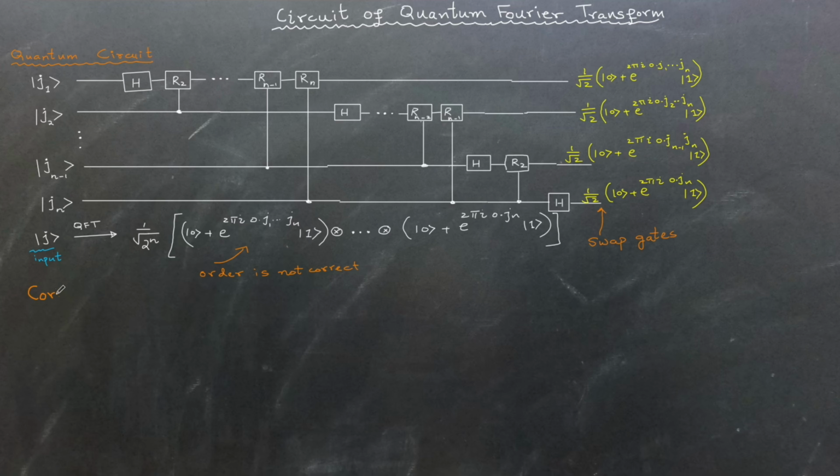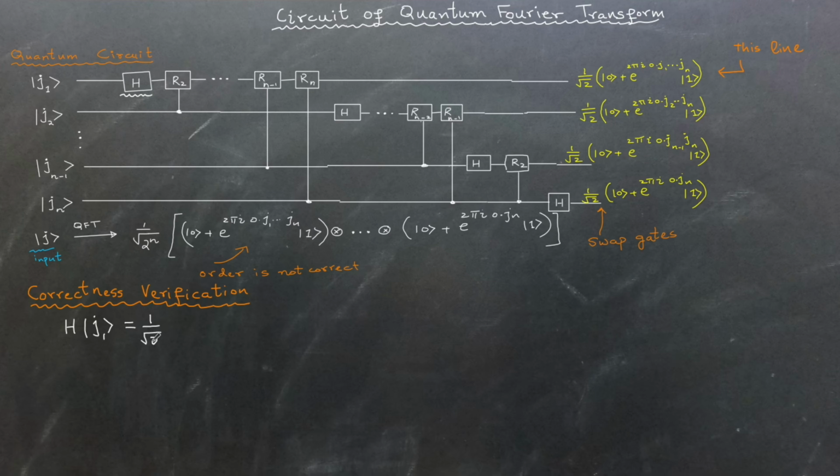Now let's verify the correctness of this quantum circuit by carefully analyzing the output of the first line corresponding to ket J1. We will do this step by step by applying all the gates sequentially. Starting with the input state ket J1, we first apply the Hadamard gate.